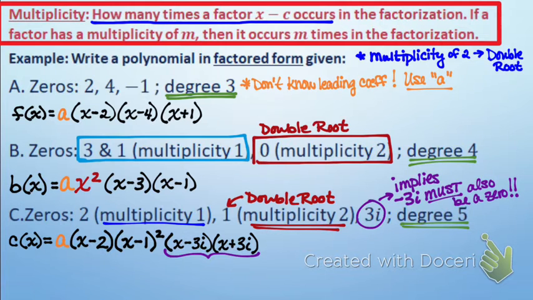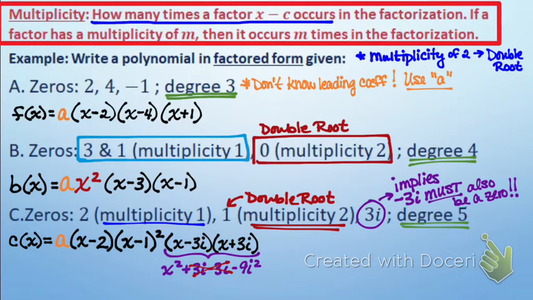So I'm going to multiply these two together. We're still going to be leaving this in factored form, but I need to multiply these two together here. What do I get when I distribute these? X squared plus 9.